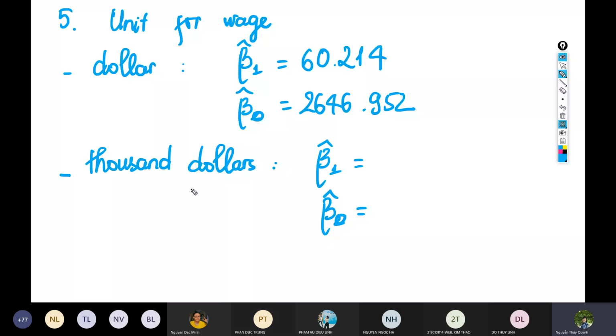You can see that if we have a new dependent variable, which is y star equal b times the old dependent variable y, then if we change the measurement unit of the dependent variable, we will get a new intercept and new slope.